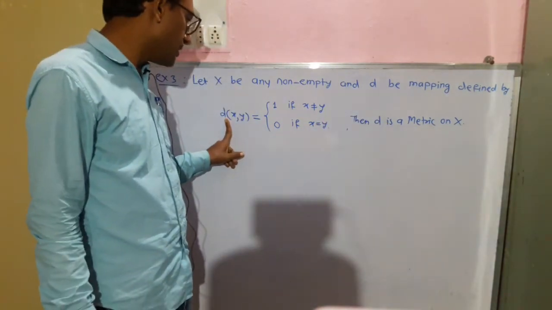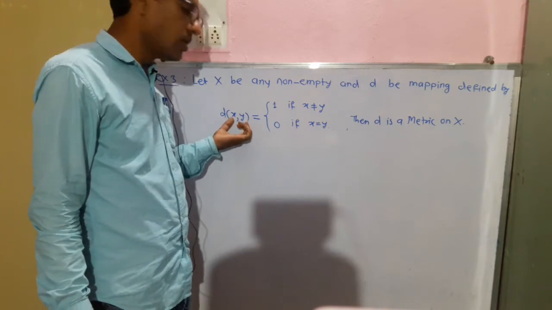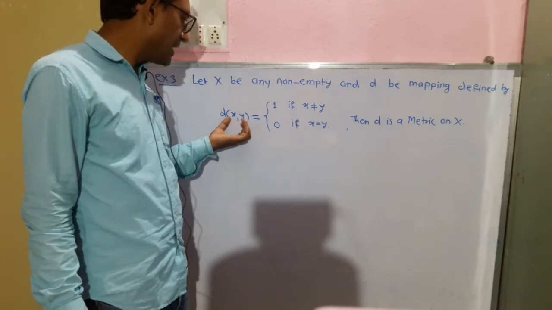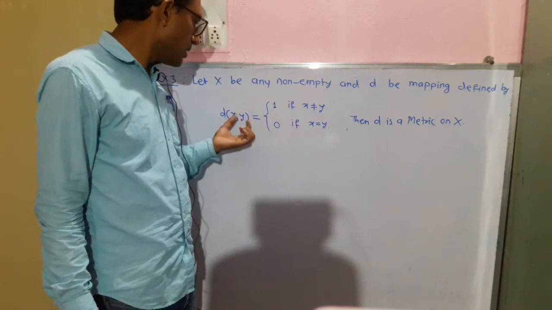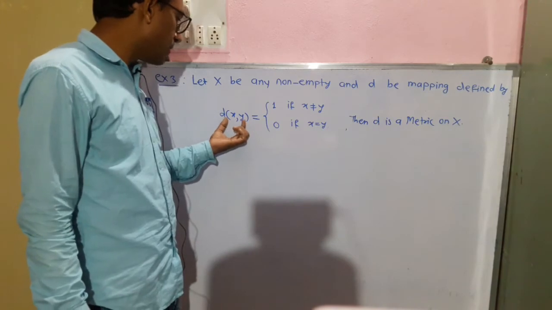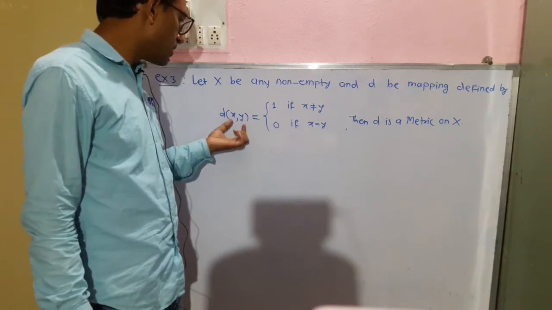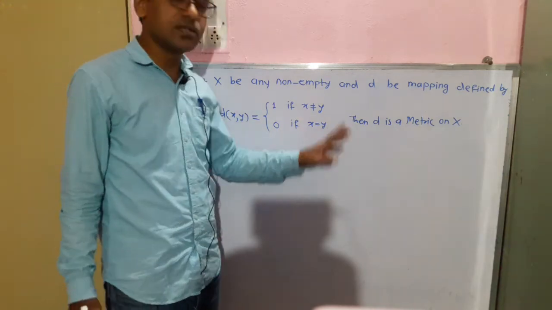So here we have given that X is a non-empty set and this mapping D is such that the value of this function on any ordered pair is equal to 1 if x and y are distinct, and the value of the function at this ordered pair is 0 if x is equal to y.